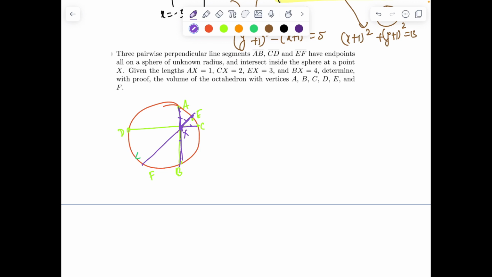We have to prove and find the volume of the octahedron with vertices A, B, C, D, E, and F. Well, so we have 1, 2, 3, 4, 5, 6. So this will form an octahedron, the 6 vertices. We need to find this volume. So first I can tell, since AB and CD intersect at a point x, I can use Ptolemy's theorem or power of a point theorem or the intersecting chord theorem.